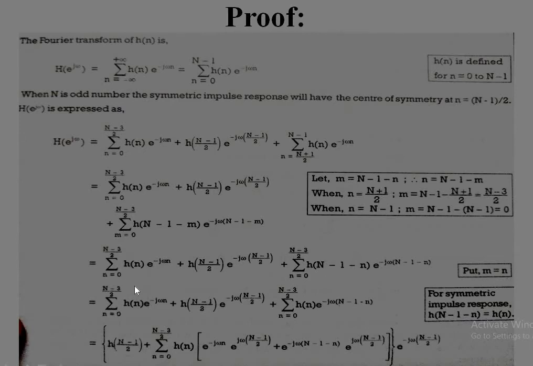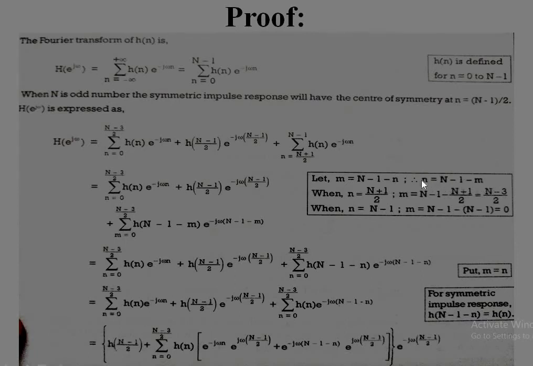Therefore, you can directly substitute it, or else you can also have a variable change here. Let us consider m equal to n minus 1 minus n, and we change this n with m so that it can be represented as n minus 1 minus m.